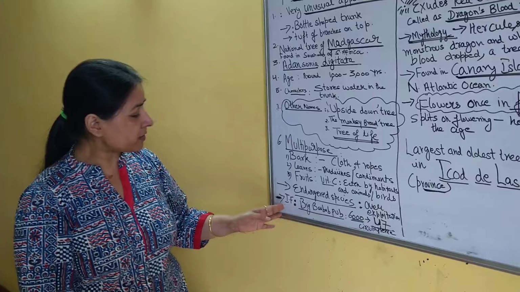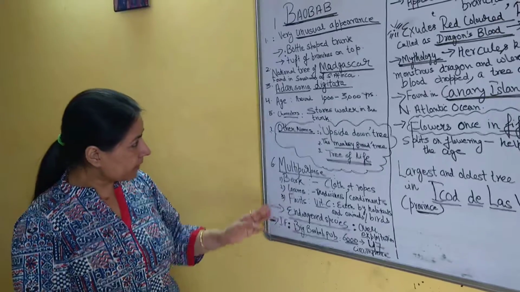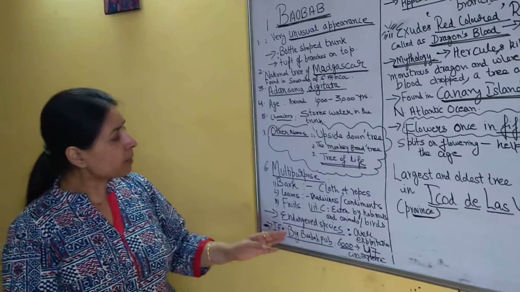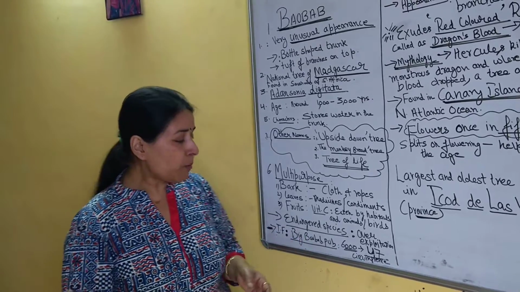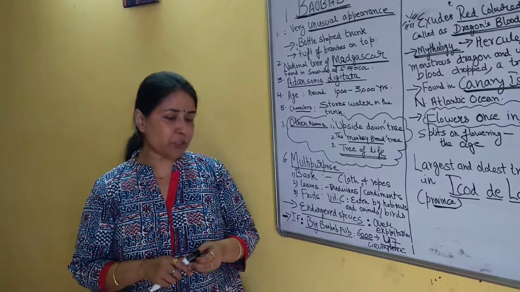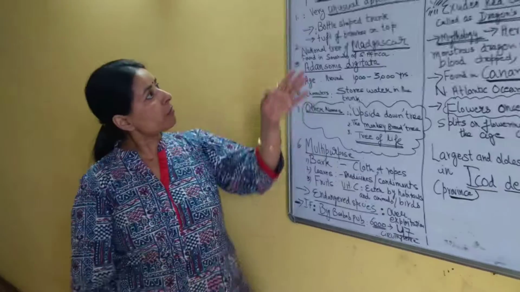This is an interesting fact mentioned at the end of the chapter. This pub is known as Big Baobab pub, and it is present inside the trunk of a tree which is supposedly 6,000 years old.